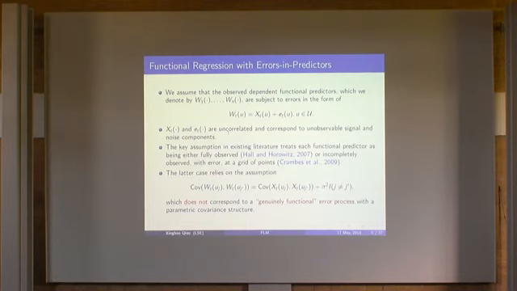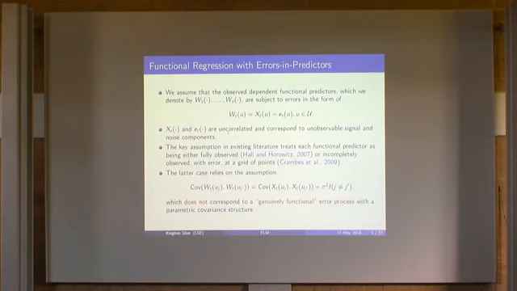And there, people also make a very strong assumption. This is the covariance structure that you observe, and they assume that the true covariance structure of the true signal is a smooth process. So you can see this is actually a parametric model because the covariance structure of the error process takes this form. The way to fit this model is to apply a non-parametric smoothing approach on the off-diagonal elements of the raw covariance matrix.